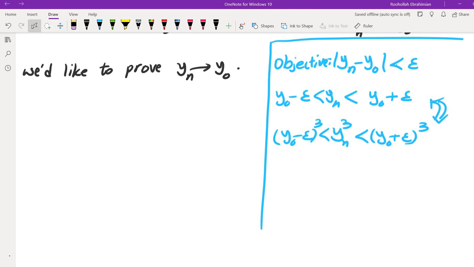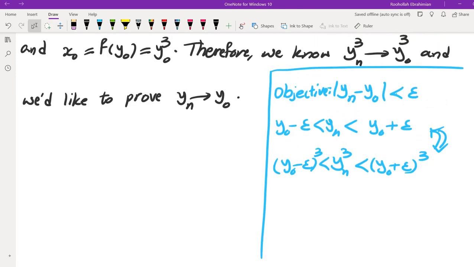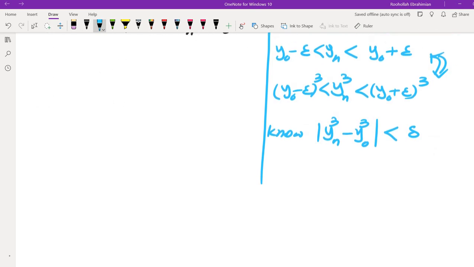Okay, but what I know is this. I know yn cubed is approaching y0 cubed, which means |yn cubed minus y0 cubed| can be made less than any arbitrary positive delta.